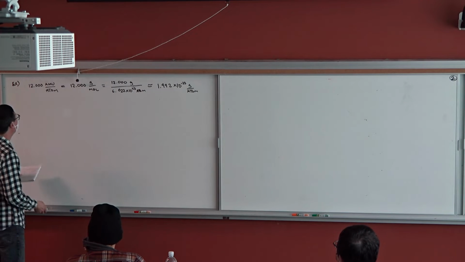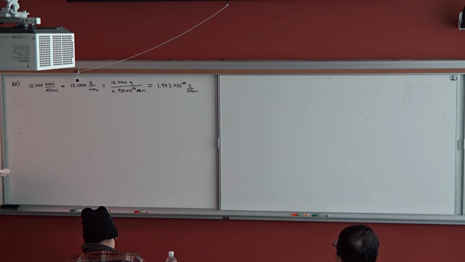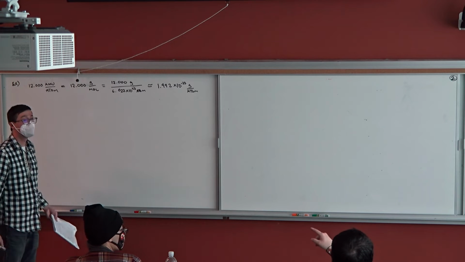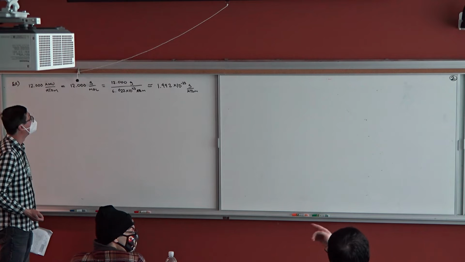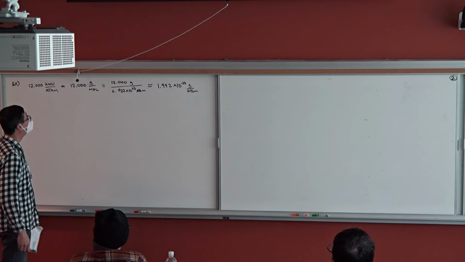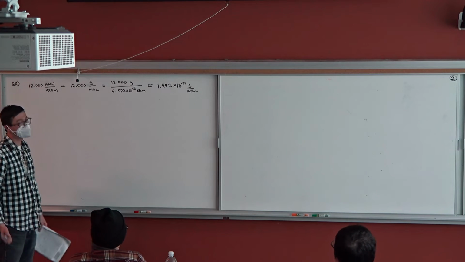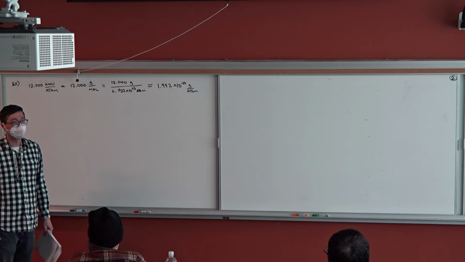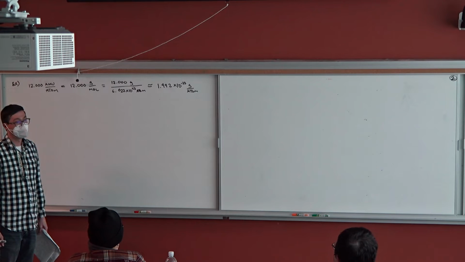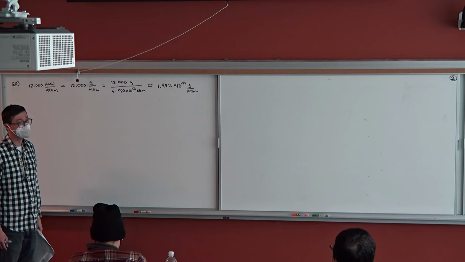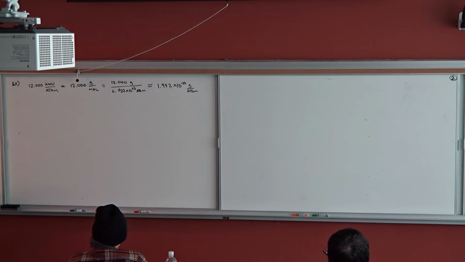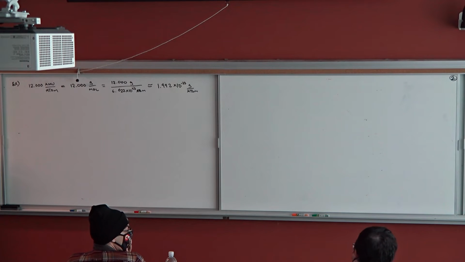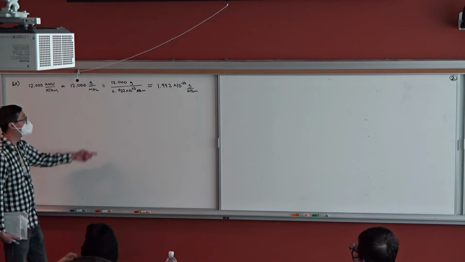So what's the name of this number? Avogadro's number, so 6.022 or 6.023. I think your book uses 6.022, and I'm trying to be consistent. Granted, I'm old, but the number I learned was 6.023 times 10 to the 23.